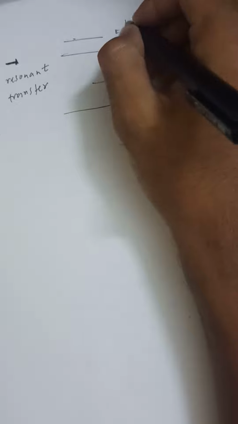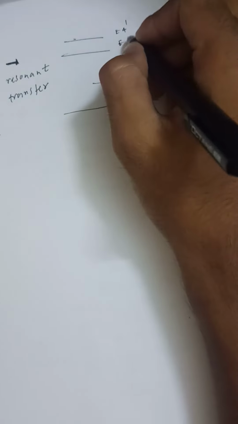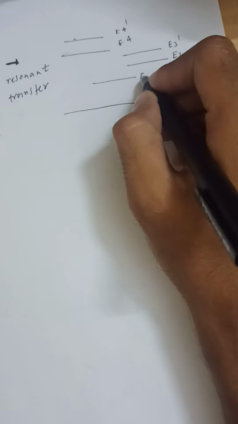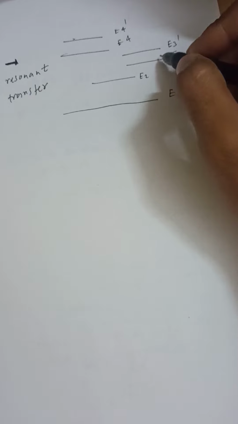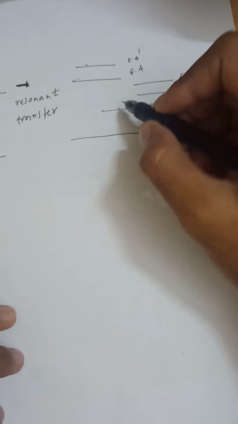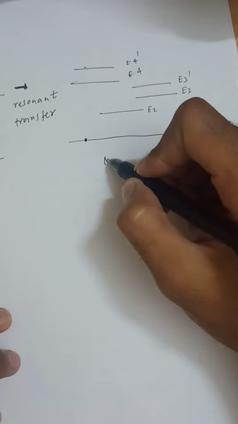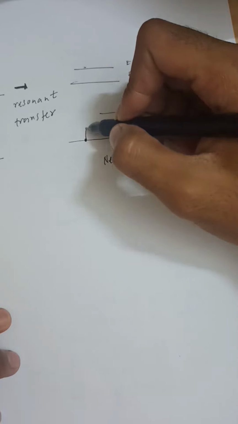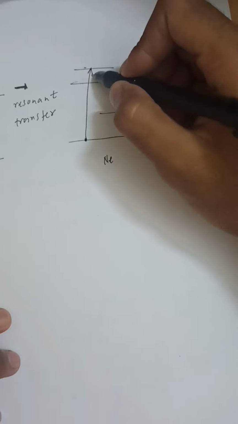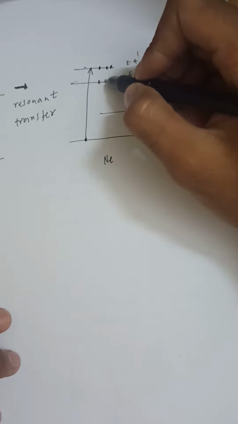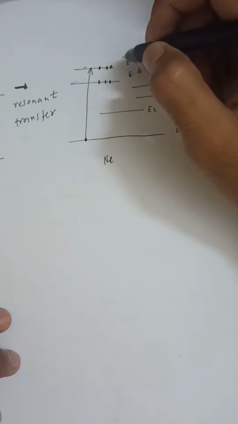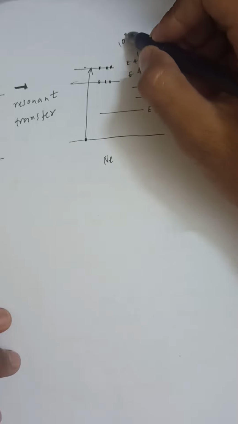Let us consider the levels E4 prime, E4, E3 prime, E3, E2, E1. They are of almost the same energy levels. When an atom present in the ground state of neon is excited, it will spend a lifetime of 10 power minus 3.